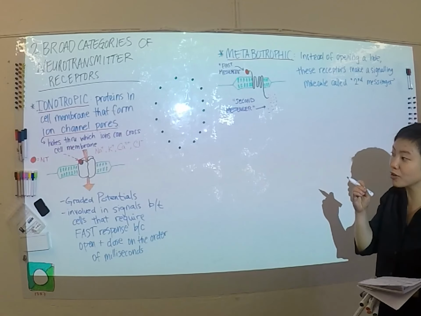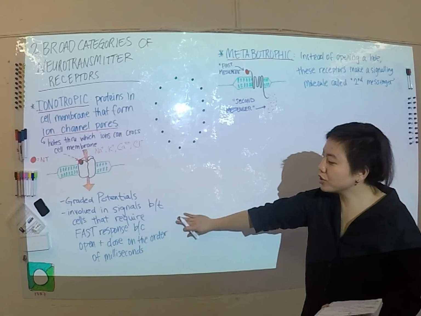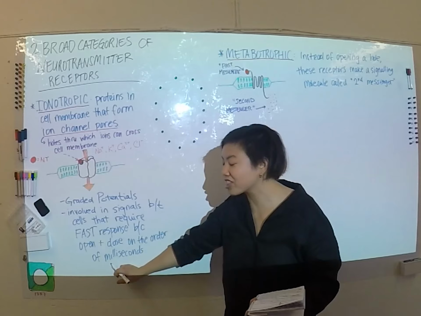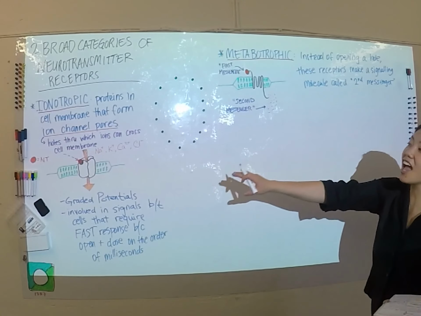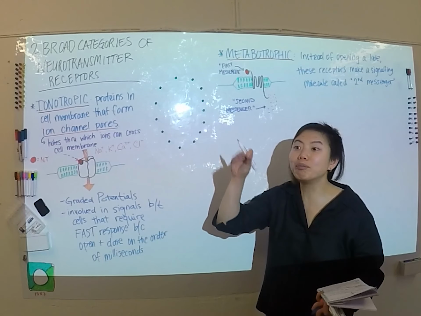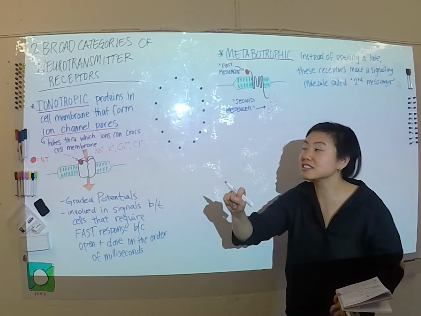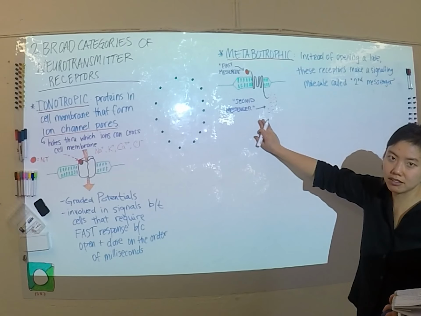And by this we mean on the order of seconds to minutes, okay? So these were milliseconds. You have 1,000 milliseconds in a second. So in the time that it takes for this ionotropic receptor to open and shut 1,000 times, this one might be active only once, okay?